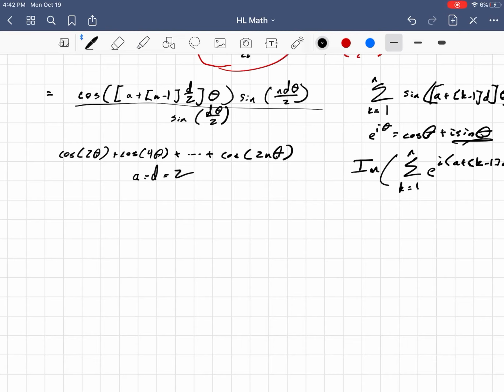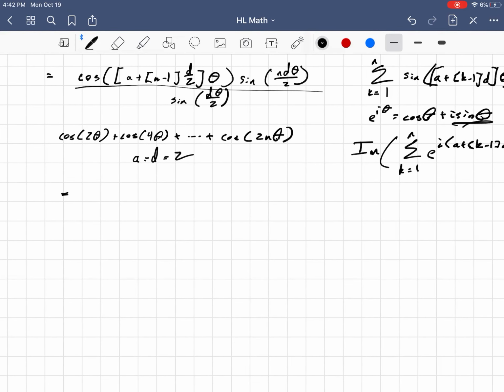Right? The first term is a 2 right here, and then it goes up by 2 each time. So that tells us that this sum right here is just the same thing as cosine of now we have a 2, so 2 plus n minus 1 times d over 2, but that's 2 over 2, which is 1. So we're multiplying by a theta there.